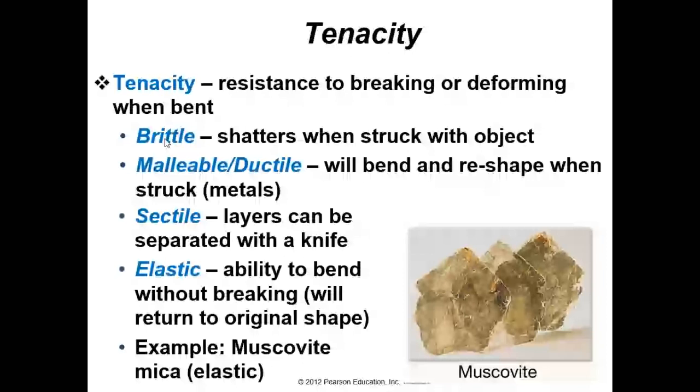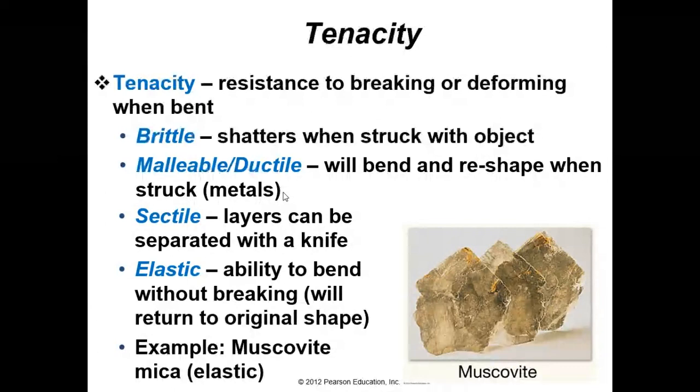Malleable or ductile is common with metals, where you take a hammer to it. Take a hammer to gold, for instance. Gold is a very malleable element, and it's easy to reshape, hence why it's been used for jewelry for thousands of years.